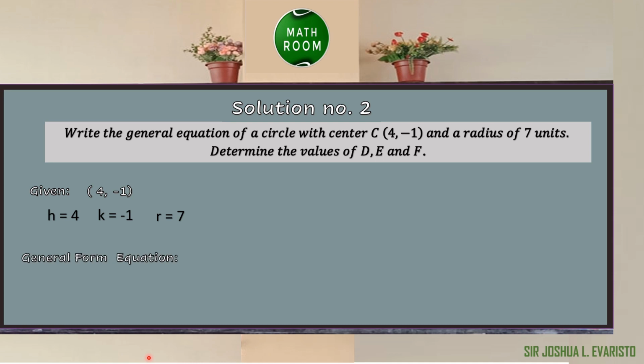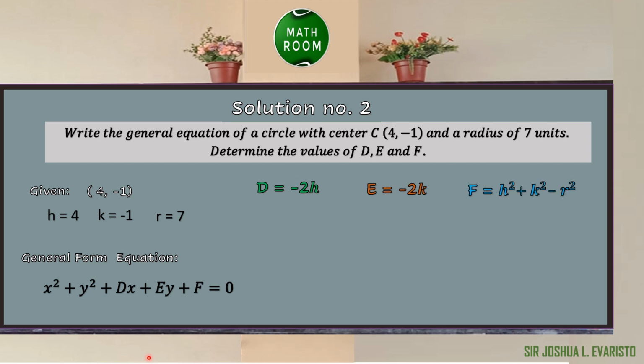We know the general form equation of a circle is x squared plus y squared plus dx plus ey plus f is equal to 0, wherein d is equal to negative 2h, e is equal to negative 2k, and f is equal to h squared plus k squared minus r squared.